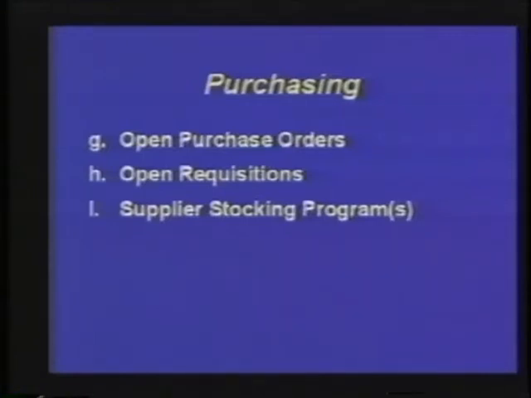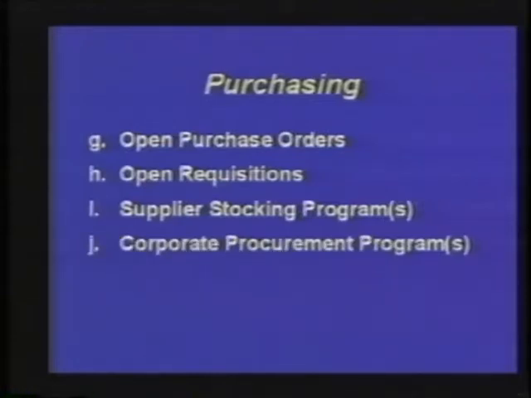A supplier name, address, telephone number, fax number, the main contact, the financial status of the supplier, and anything else relative to supplier information that would make a very key database for the supplier data. We also would have any open purchase orders that are outstanding, open requisitions, those suppliers that are currently under a supplier stocking program.